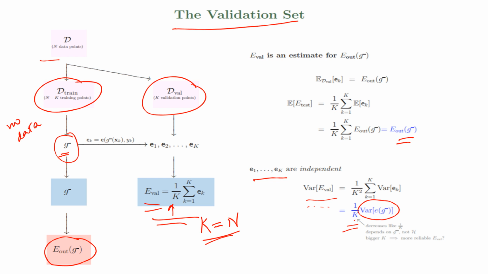So there has to be some way to address this trade-off, and that's what we're going to look at. Let's say we have some way of plotting this error, and here is my error and here is my k. The size of k is nothing but the size of my validation set.